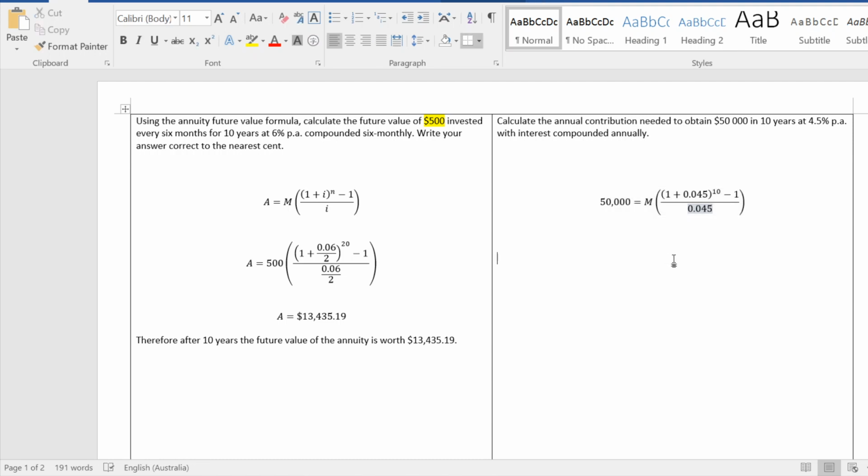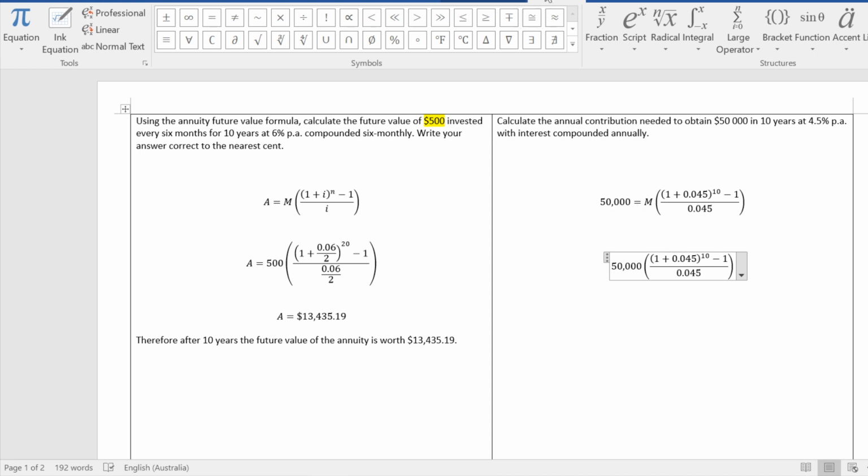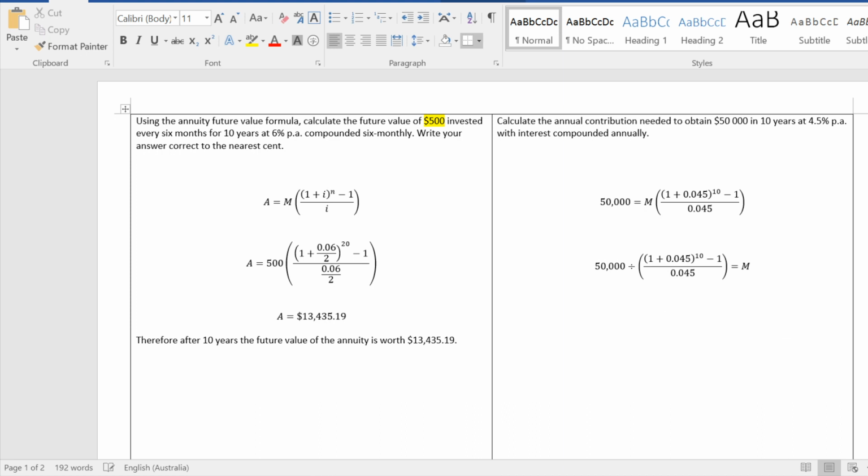Now, in order to solve this, here it's M times the bracket. So what I'm actually going to do is move it to the other side and make it a divide. Now I'll use my divide sign here, and that is going to be equal to M, capital M, sorry. All right, so I've just moved that to the other side. Now, you can just put this straight into the calculator as it appears, and it will give you your answer.